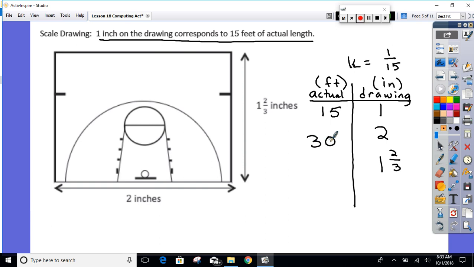And this one will probably take you a little longer to figure out. 1 2/3 times 15 is what? Someone said it. 25. So it's 25 feet. So the actual court will be 30 feet by 25 feet.